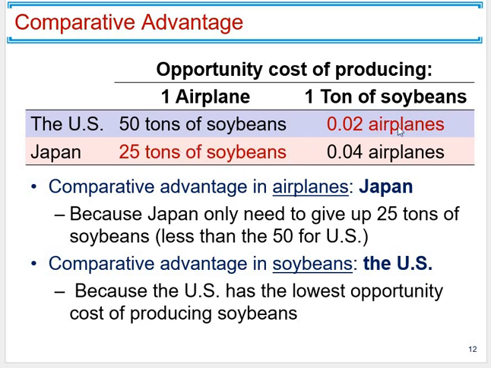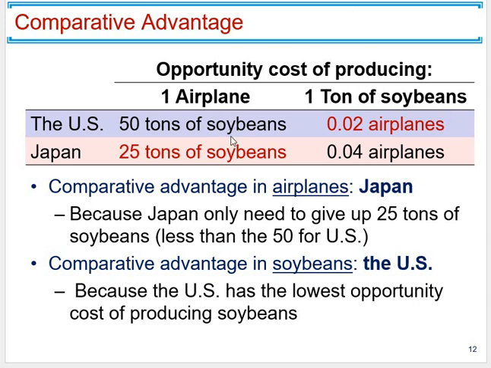And for soybean production, the US has a smaller number, a lower opportunity cost. That is to say, the US has comparative advantage in soybean production. So again, following the principle, the US should focus on soybean production, which is perfect, right?